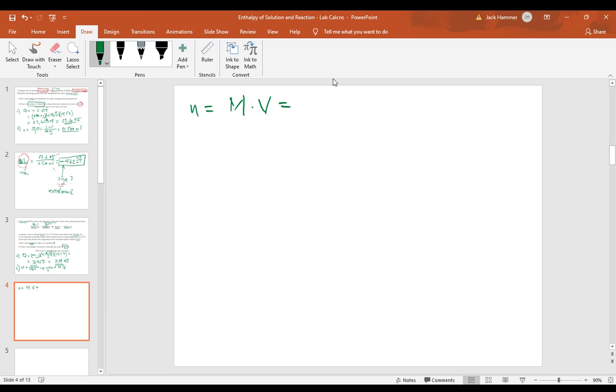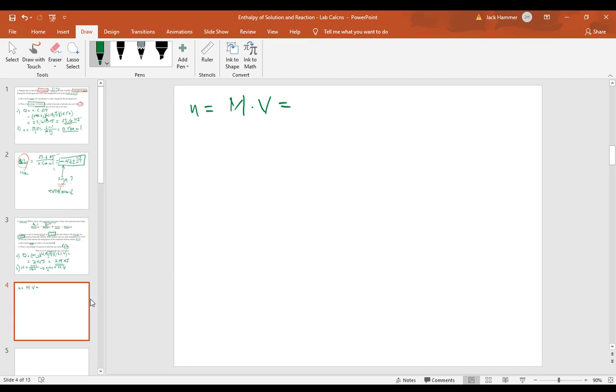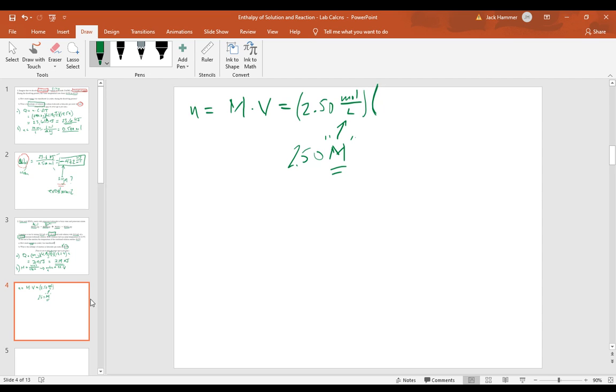And what we saw here was that we were working with 2.50 molar solutions of each, right? So both reactants are 2.50 moles per liter. And even when it says 2.50 big M, I always unpack the molar symbol into moles per liter when I do these calculations.